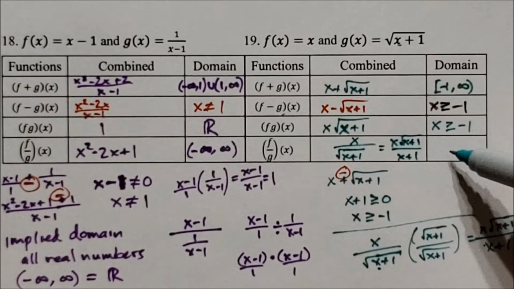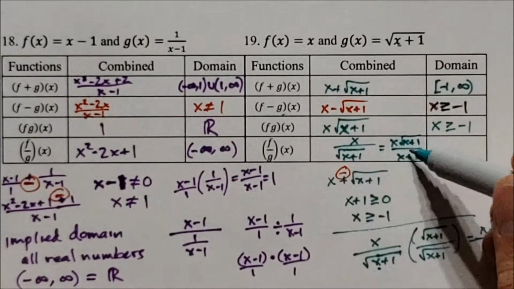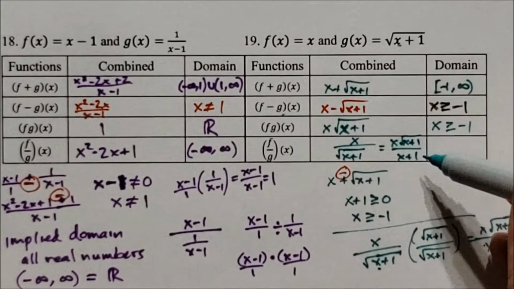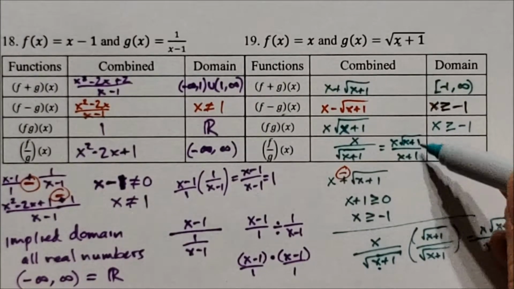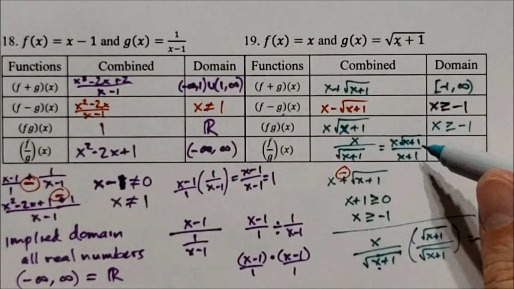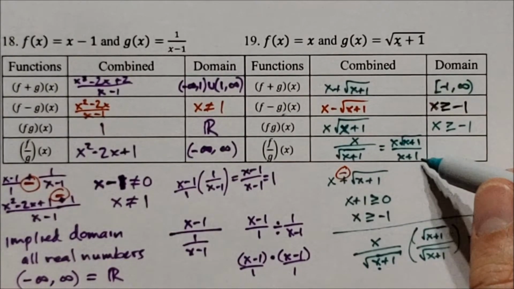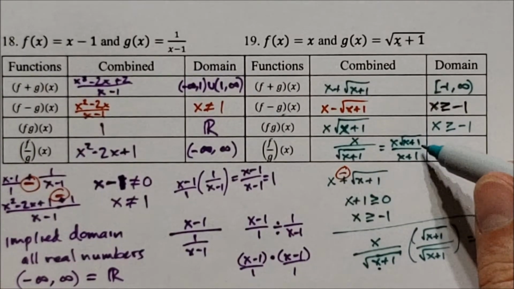What domain restrictions do we have? Well, x can't be negative 1. In its simplified version here, x can't be negative 1. But in the numerator, we have this square root. So x has to be greater than or equal to negative 1 as well. So x cannot be negative 1, but it has to be greater than or equal to negative 1.